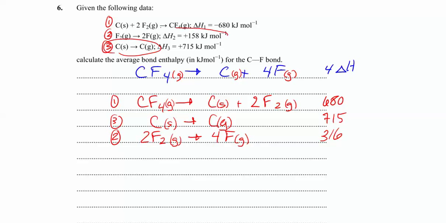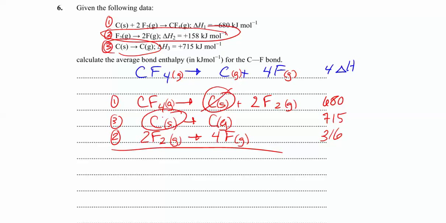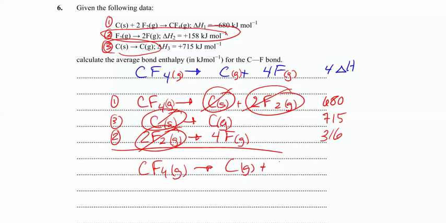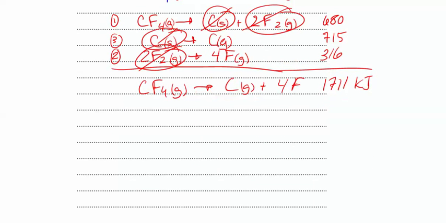And then just cross out whatever is common on both sides, like the solid carbon and the 2F2 gas, and I get exactly what I'm looking for, CF4 gas producing carbon gas plus 4 Fs, and that totals 1711 kilojoules, but that's for 4 CF bonds. I just want it for 1, so it's just 1711 divided by 4, and that's your answer. Okay, tricky question, but there it is done for you.